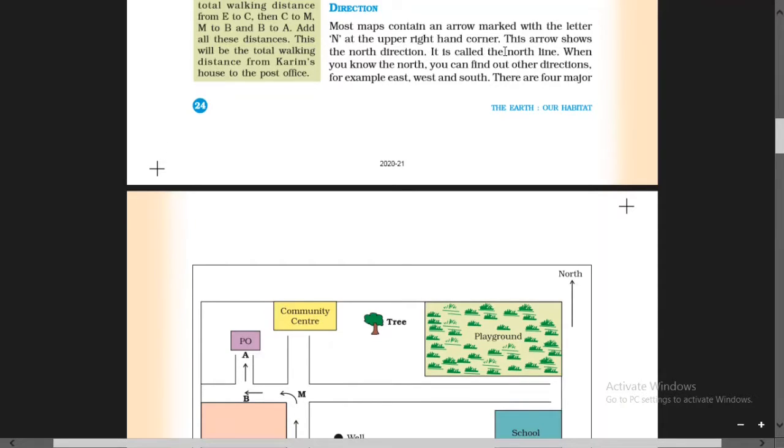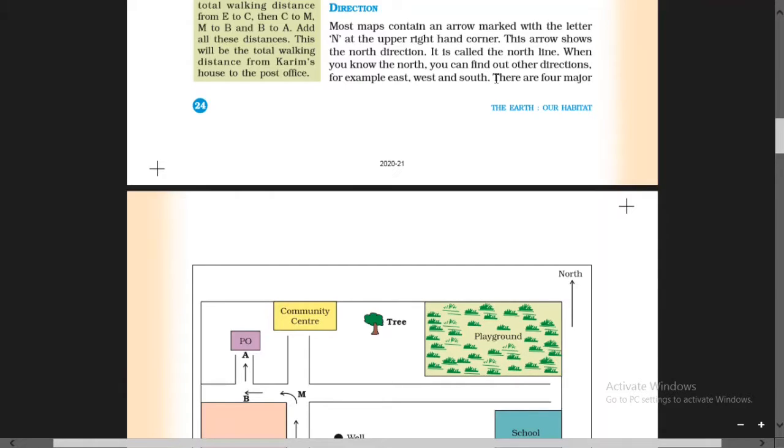It is called the north line. When you know the north, you can find out other directions, for example east, west, and south.